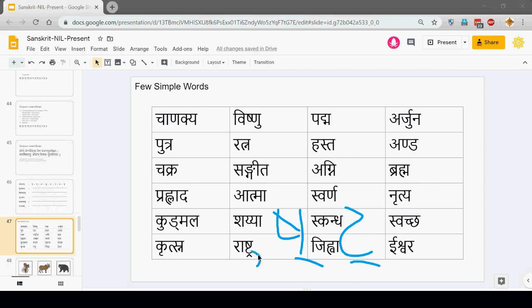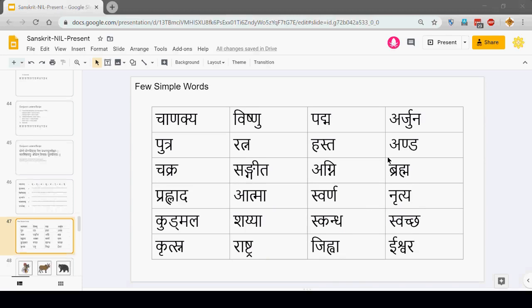Then what is written at the bottom here is a special symbol for the r sound, which is a complete r sound here. When is this symbol written like this? It looks like a small mountain, like an arrow pointing up.